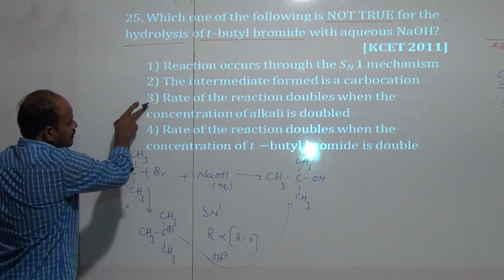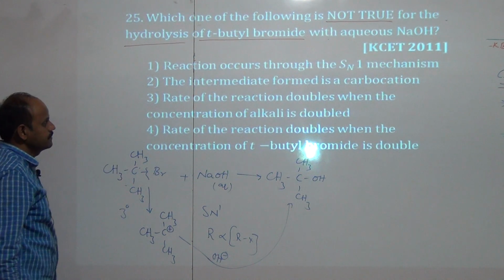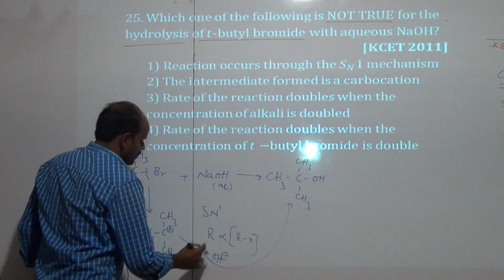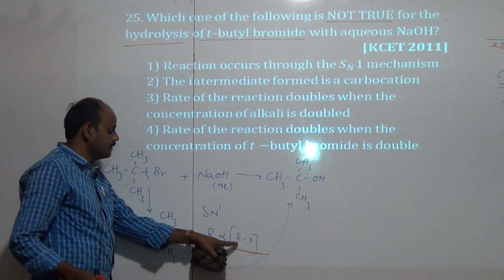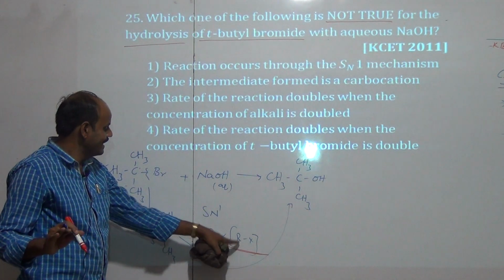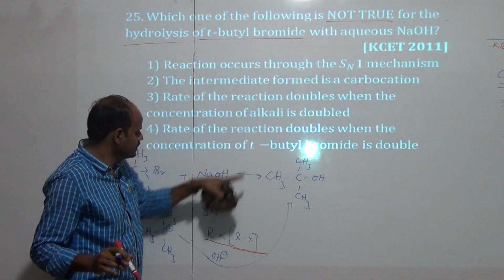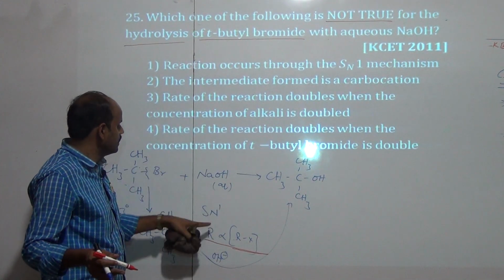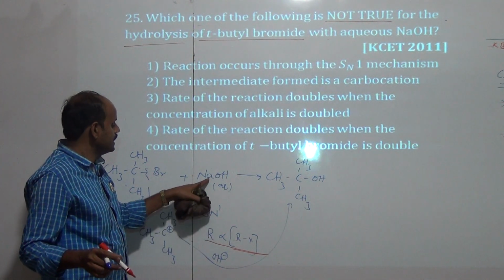The rate of the reaction doubles when the concentration of alkali is doubled. Here see, what is the rate dependent on? Only the concentration of alkyl halide, but not the alkali, that is NaOH. But they have given that if the alkali concentration is doubled, the rate doubles. But here the rate does not depend on NaOH.